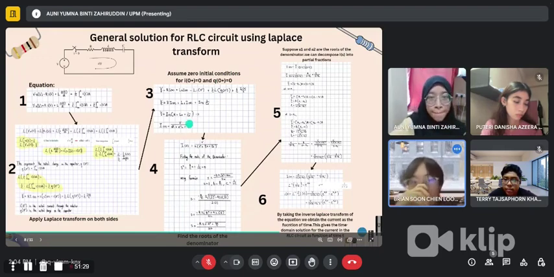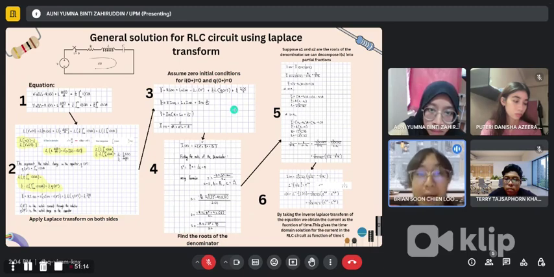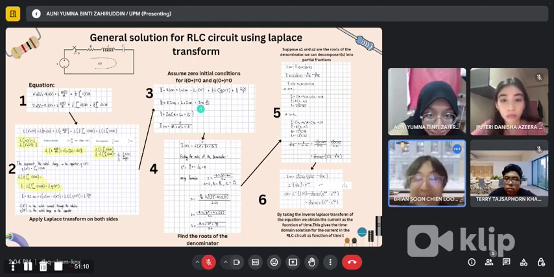So next, from the previous equation, we assume zero initial conditions for I and Q, which is 0. So we can just remove them and we get the simpler equation, which is V over S equals RI(S) plus LSI(S) plus I(S) times 1 over CS.